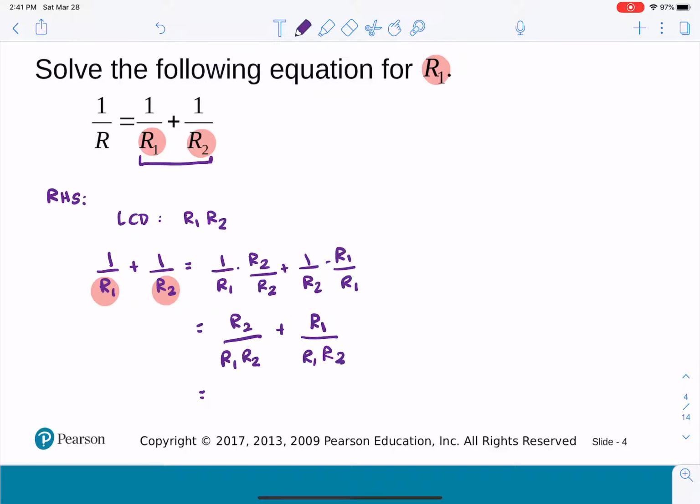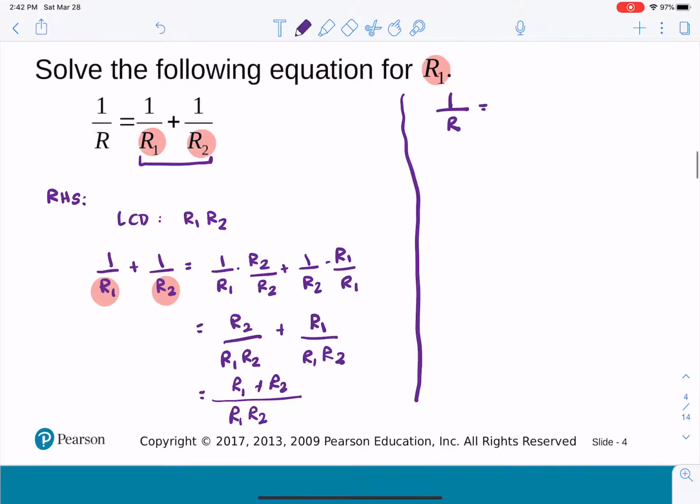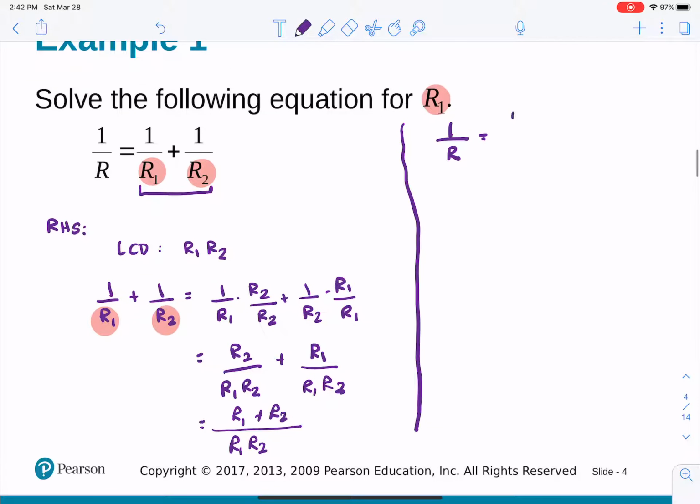Now I have a common denominator, which is r1 r2, so I can combine the numerators, giving r1 plus r2 divided by r1 r2. So I have the left hand side, which is 1 over r. The right hand side I rewrote as r1 plus r2 divided by r1 r2.